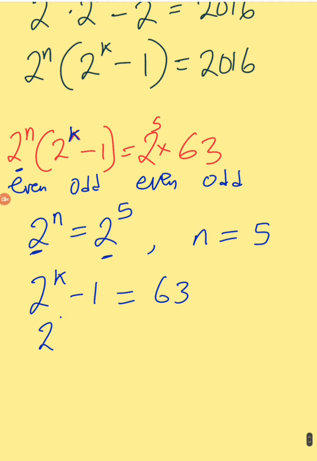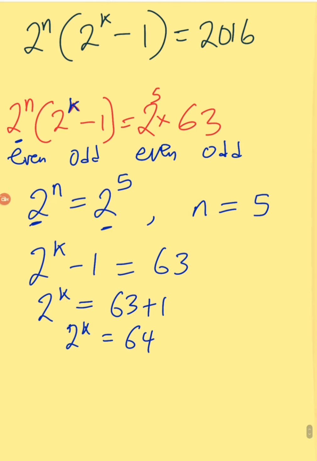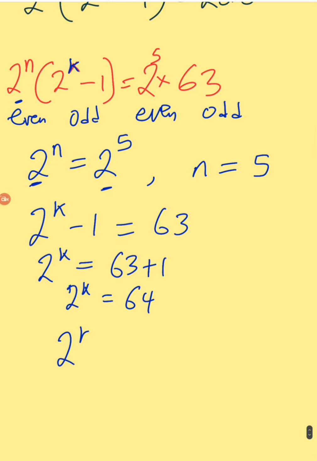Solving this, 2 power k is equal to 63 plus 1, which gives us 64. Then 2 power k is equal to 2 to the power of 6, because 64 is 2 power 6. The bases are the same, so your k is 6.